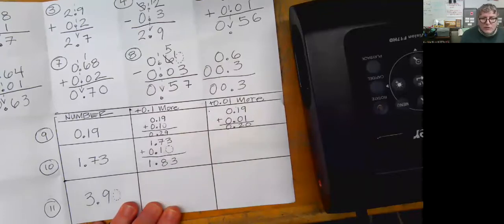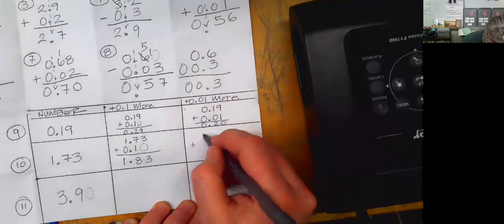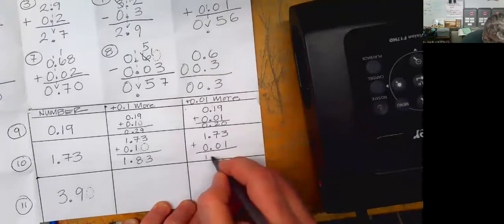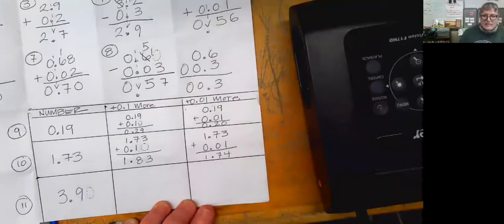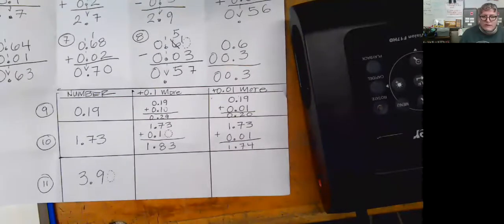So 1/10 more is going to give me 1 83 hundredths. Now I'm going to do the next one. 1 73 hundredths plus 100th. That's going to give me 1 74 hundredths, right? That's pretty easy. I'm just adding one more to it.